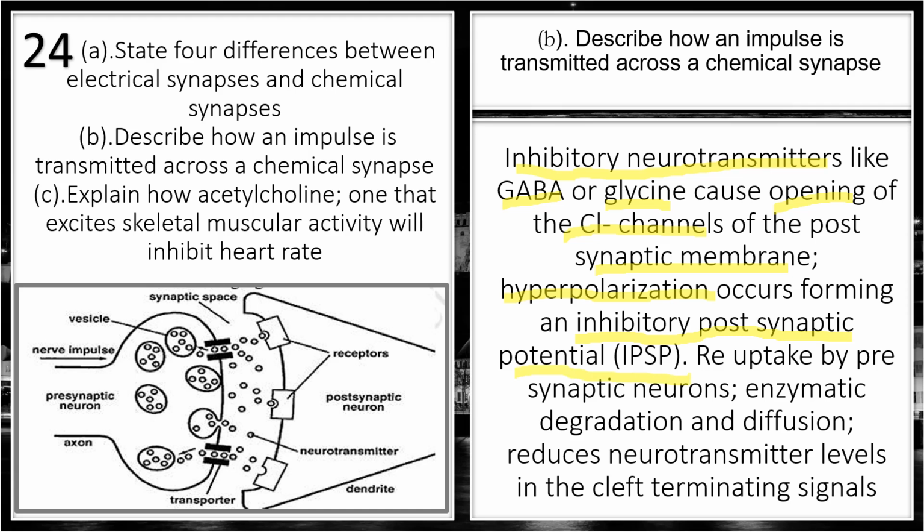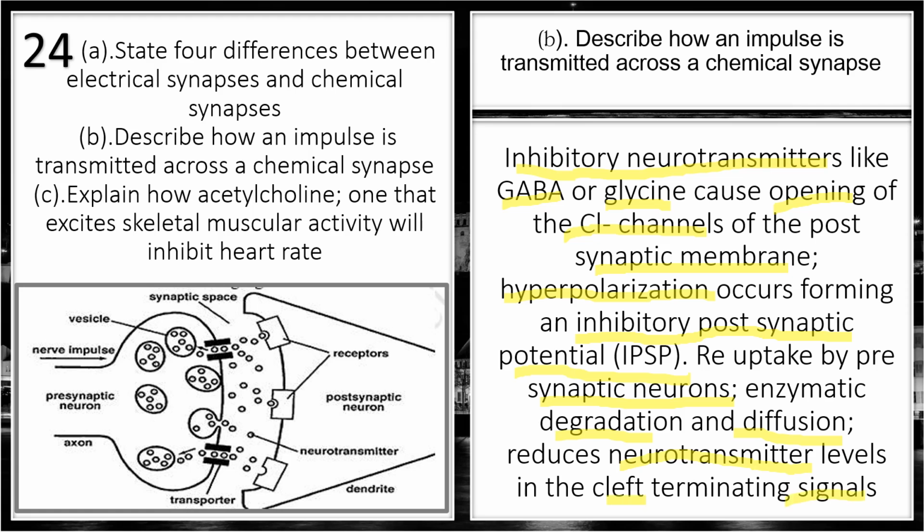Reuptake by presynaptic neurons, enzymatic degradation and diffusion reduces the neurotransmitter levels in the cleft, terminating signals.